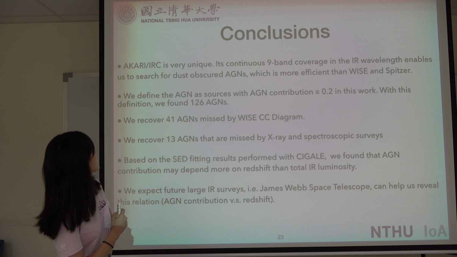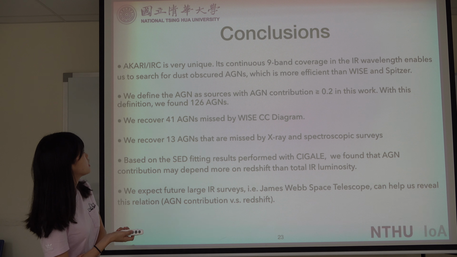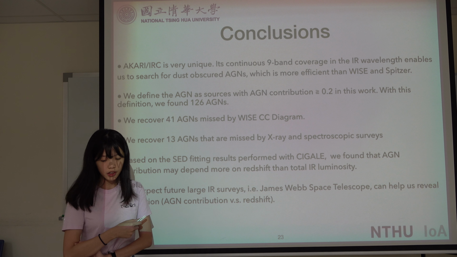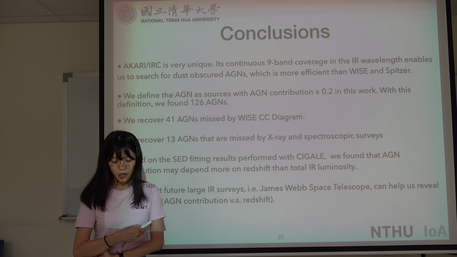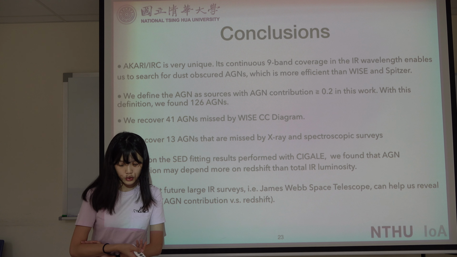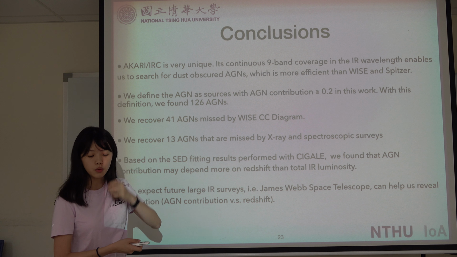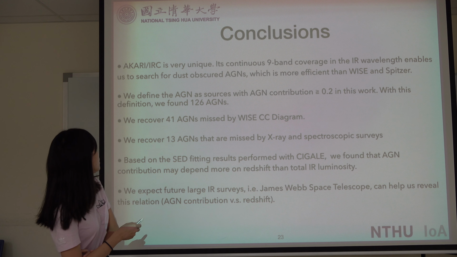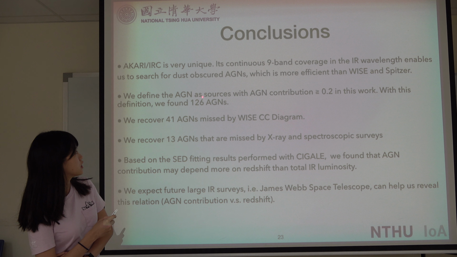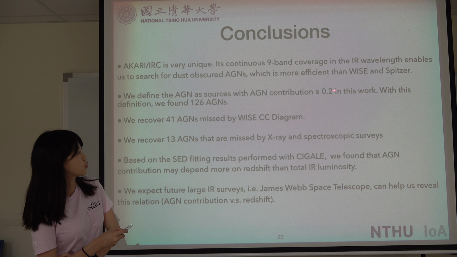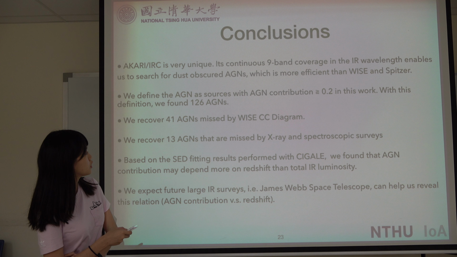So this is the conclusion. AKARI IRC is very unique. Its continuous 9-band coverage in the infrared enables us to search for dust-obscured AGNs, which is more efficient than WISE and Spitzer. Also, we define the AGN sources with AGN contribution larger than 0.2 in this work.